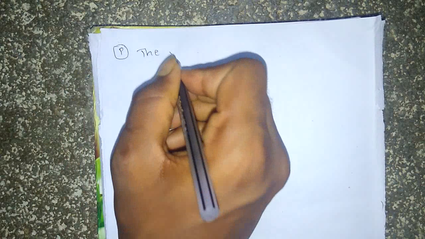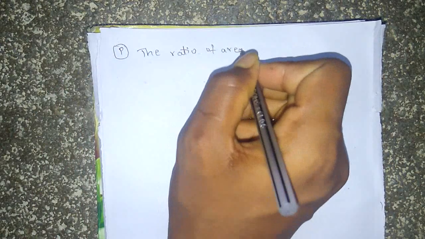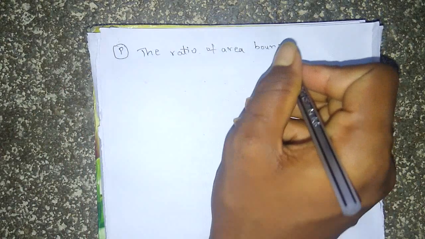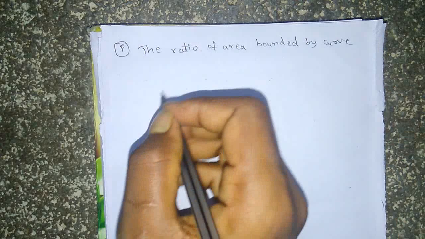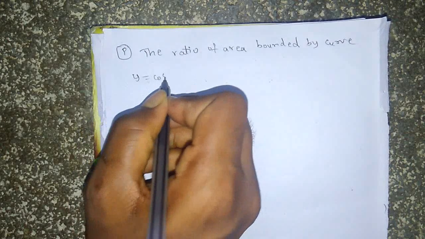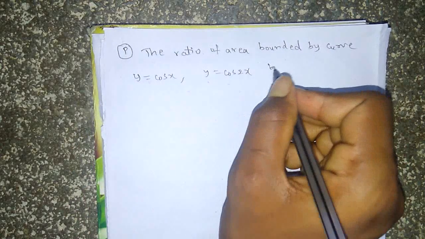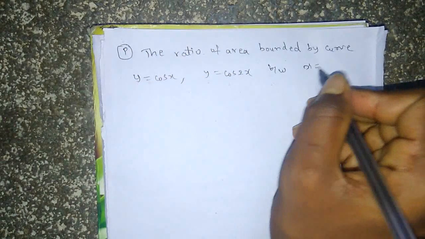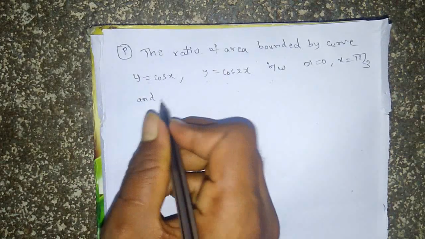Next problem is the ratio of areas bounded by the curves y = cos x, y = cos 2x between x = 0, x = π/3 and the x-axis.